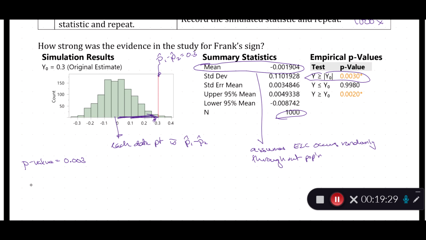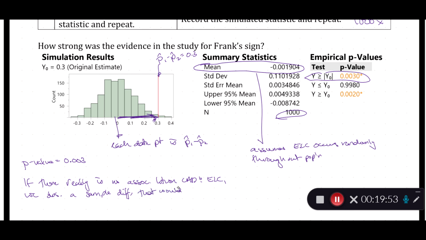So let's think about this. If there really is no association between coronary artery disease and ELC, we would observe a sample difference of 0.3 or more extreme.